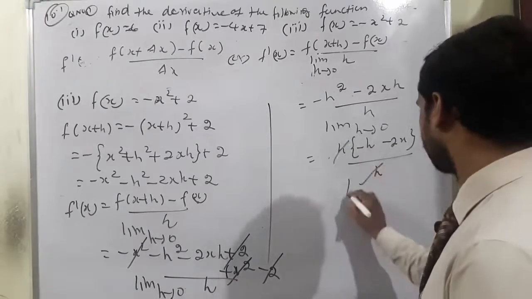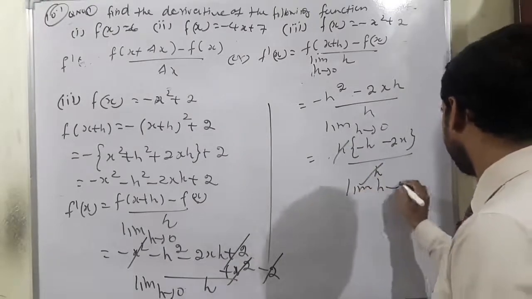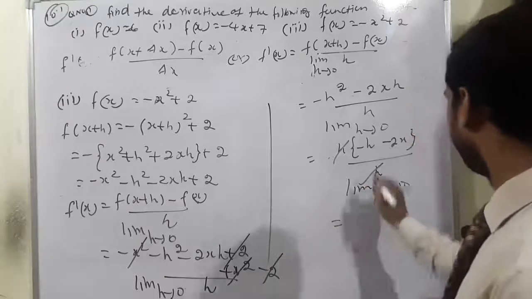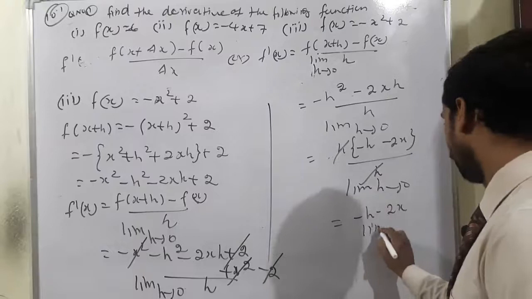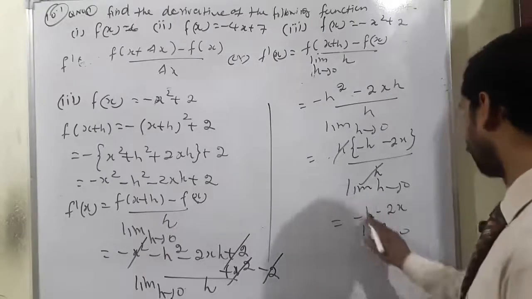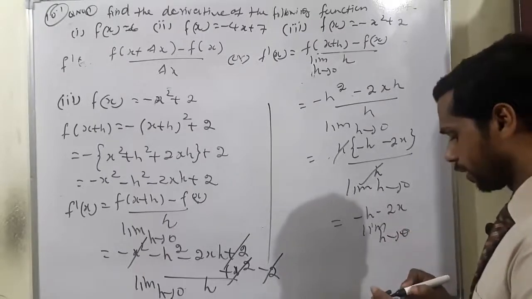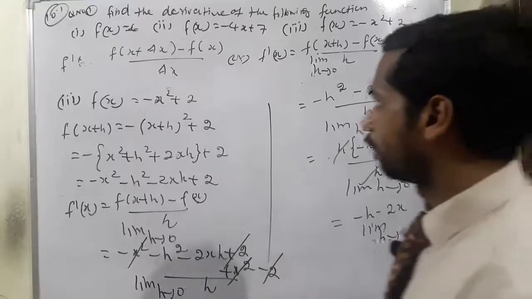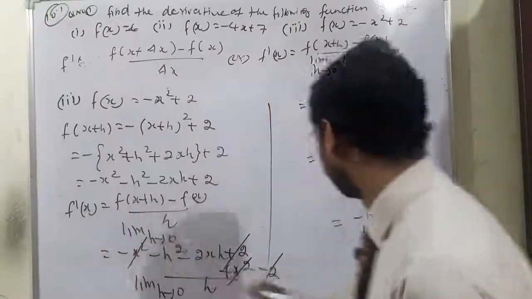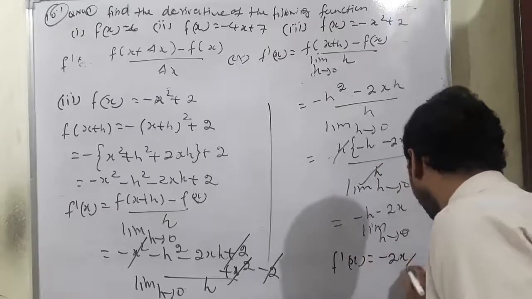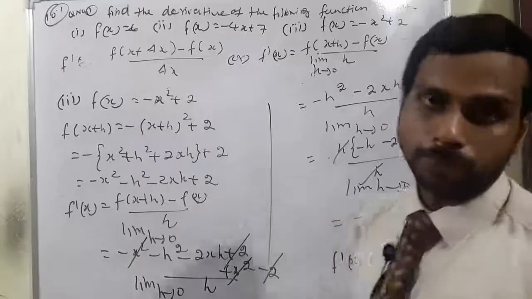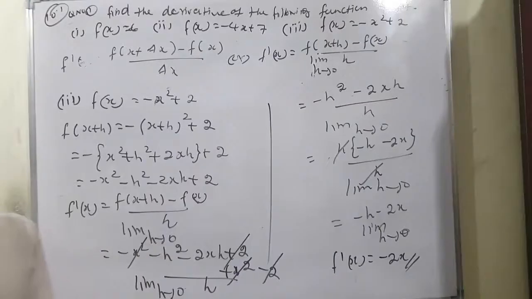Again h cancels, the limit h tends to 0. So remaining balance is minus h minus 2x, the limit h tends to 0. Instead of h apply 0, so definitely the first principle value, that is f dash of x, is equal to only minus 2x. That is your answer for subdivision 3. Okay, I will continue with the next question.